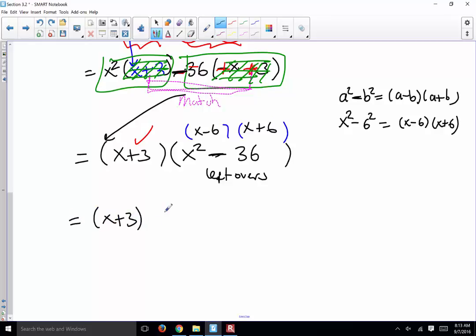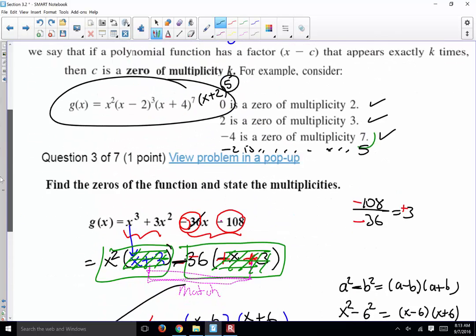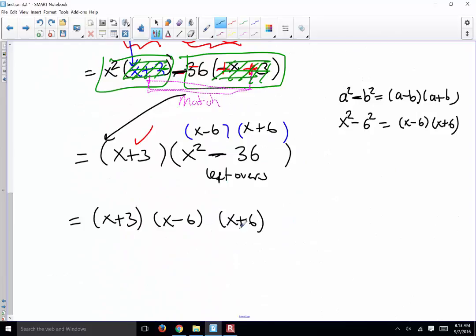So altogether, how many zeros do you see? So what was the question here? We are finding zeros, right? We factored it. All I'm gonna do is set these into 0 and solve. I set this x minus 6 into 0 and x equals 6. X plus 6 into 0 and I get x equals minus 6.